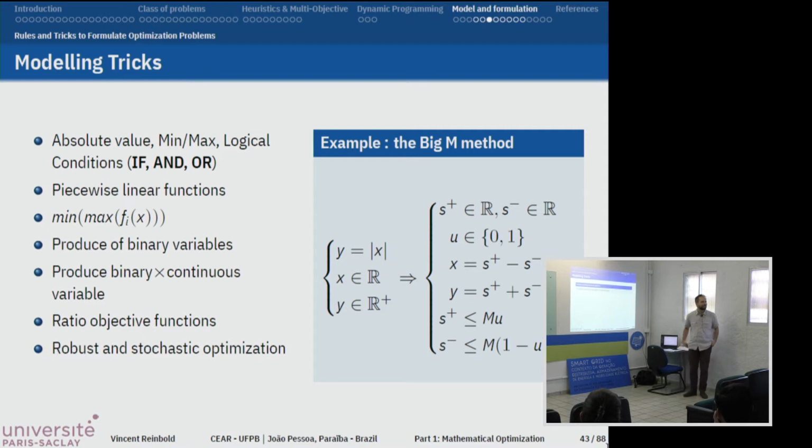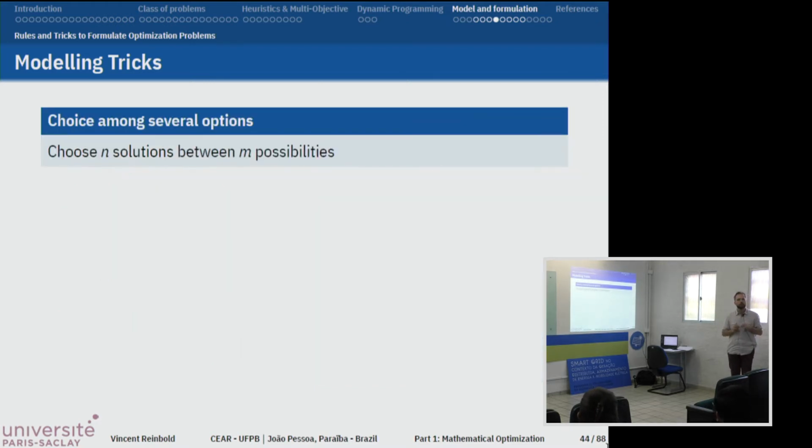Okay. Exercise. For instance, I want to choose n solutions or n components among m possibilities. Let's say that I have u equal 1 or 0, I take it or I don't take it. What would be a representation in a linear way of this?